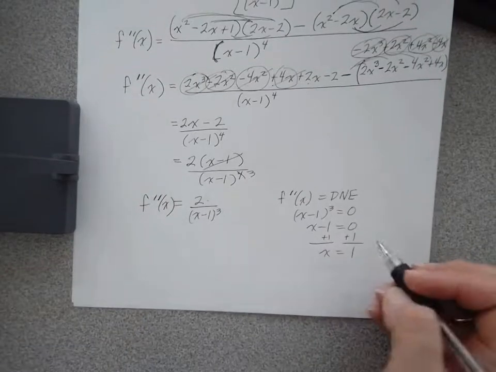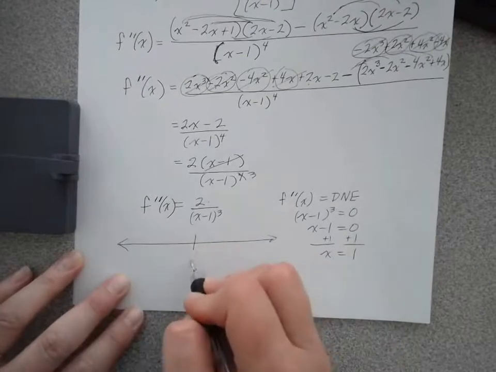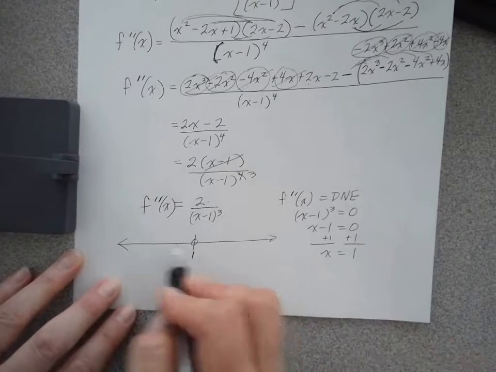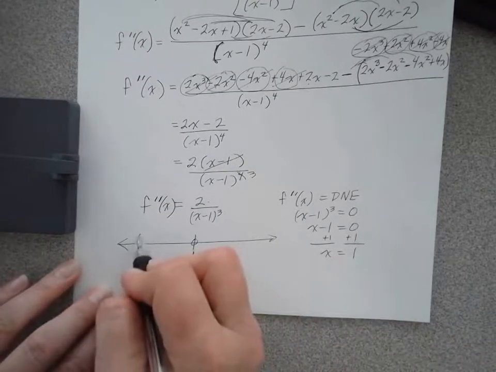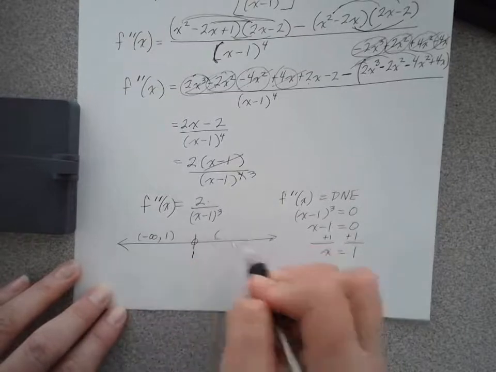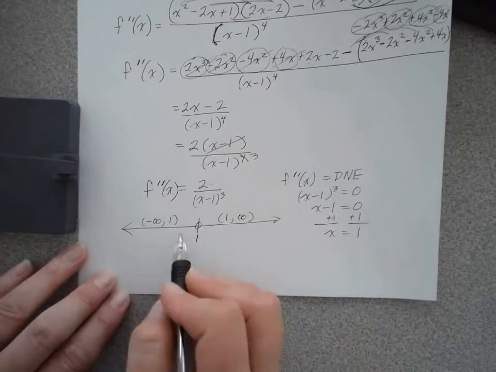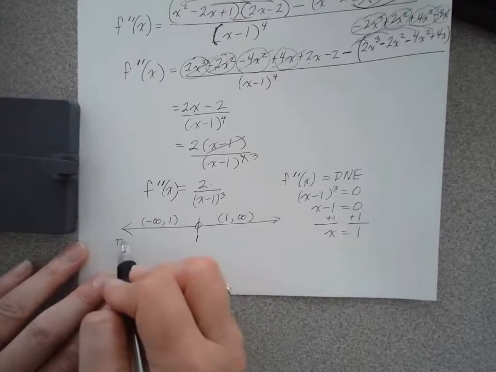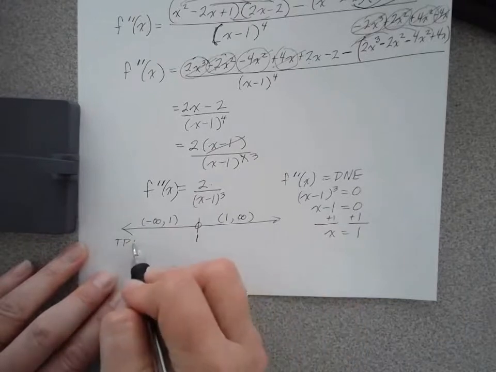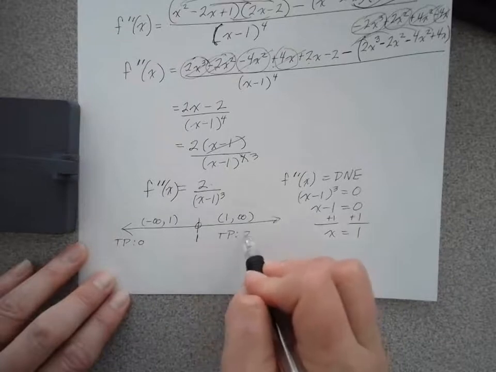Okay, so if you think of that on a number line, x equals 1, to the left, find a test point. So this is negative infinity to 1, and this is 1 to infinity. So find a test point in negative infinity to 1, 0. And in 1 to infinity, 2.